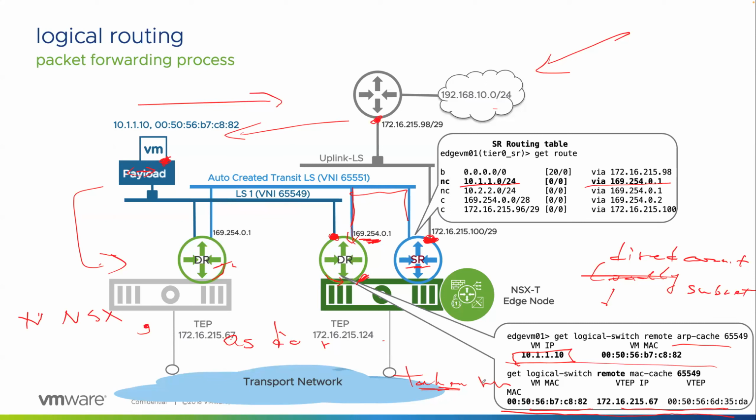Then switching. Switching mainly means encapsulation, or building up a Geneve tunnel. So always do routing earlier than switching. And the second rule of thumb is always leverage the closest DR, or closest router.